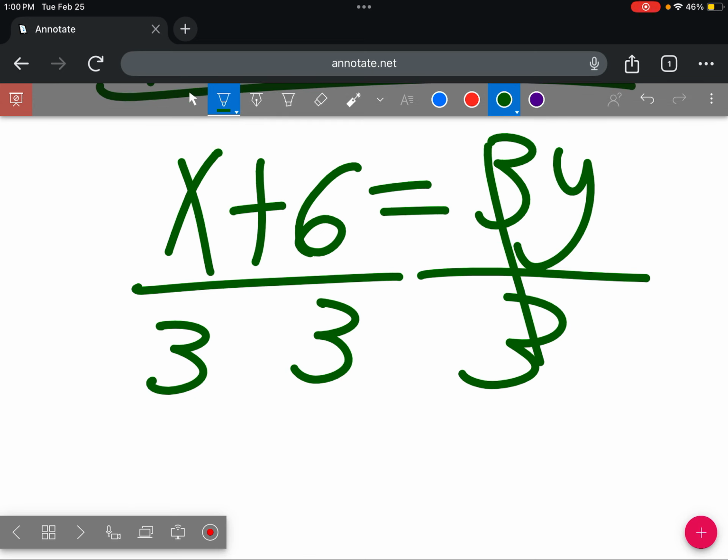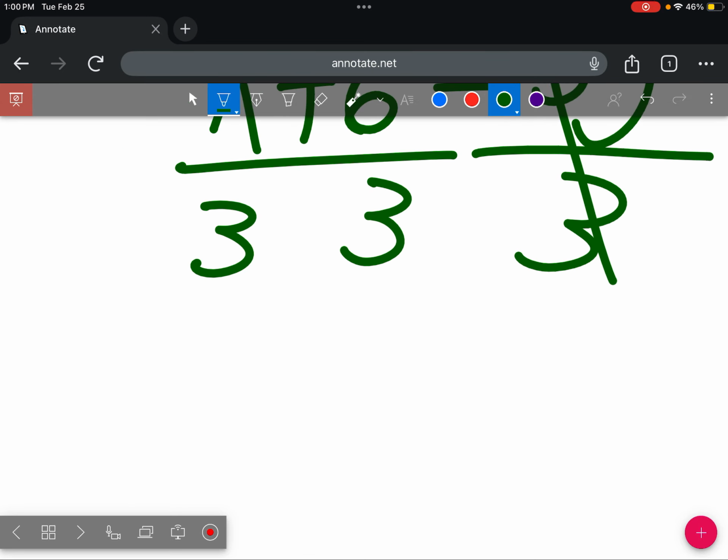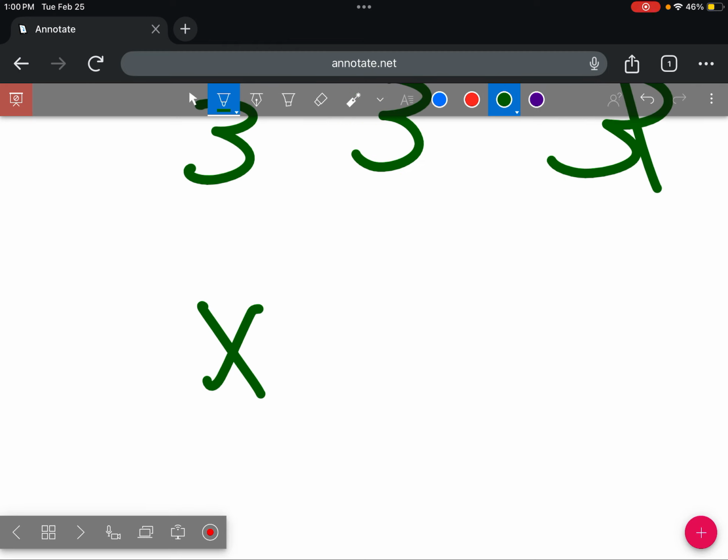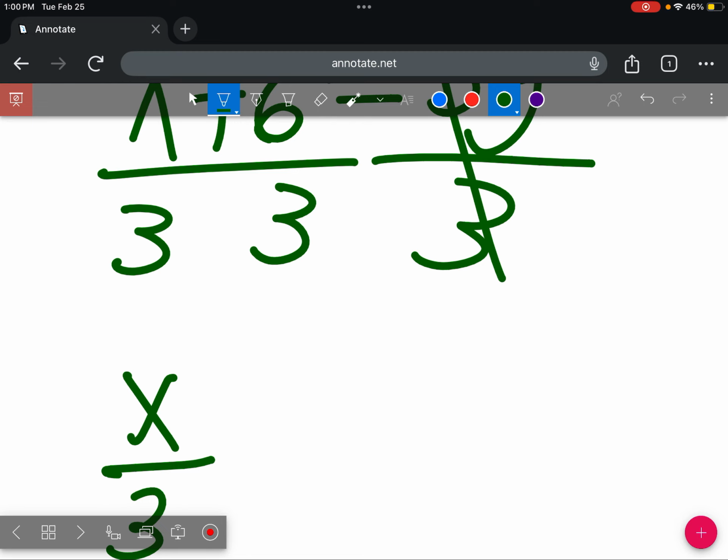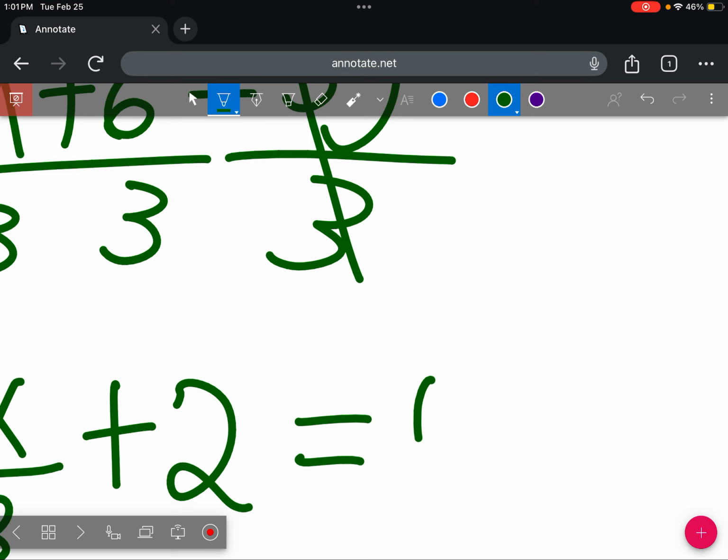The 3's cancel out here. Then you're left with x over 3 plus what's 6 divided by 3, Elaine? 2. Very good. Is equal to y.